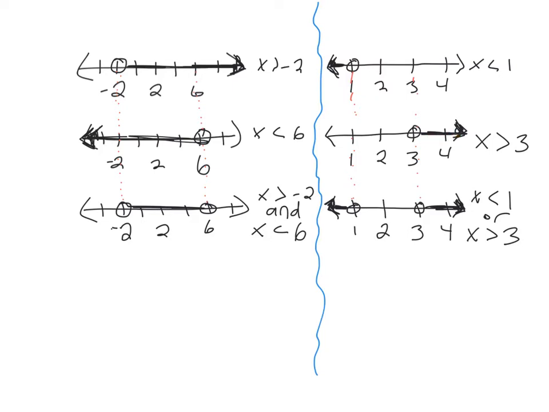So there is no overlap here. They go in different directions. So a good thing to know is "and" overlaps, "or" goes in both directions.